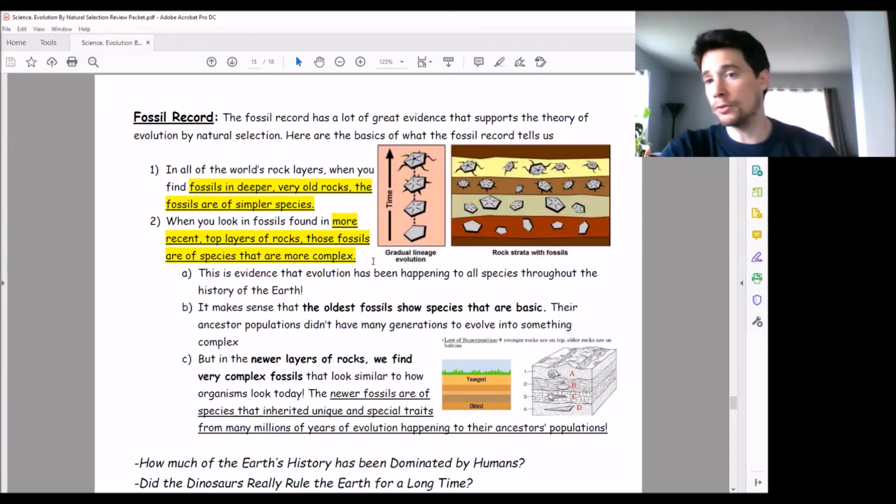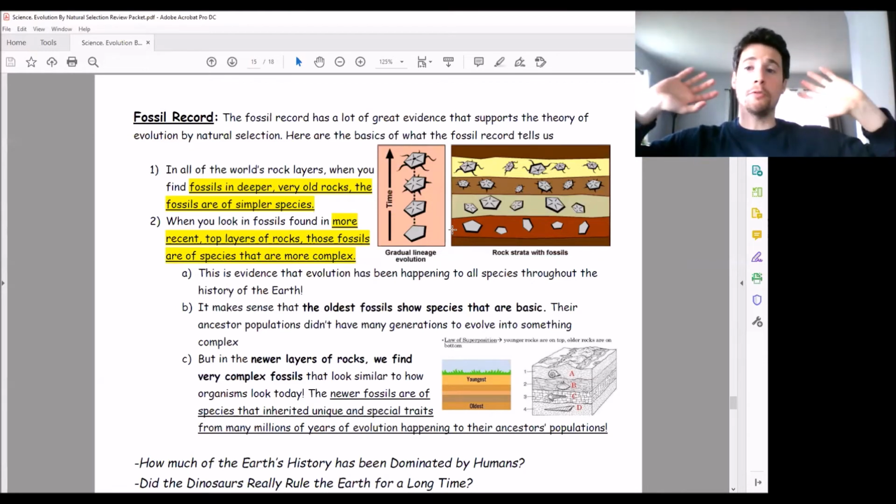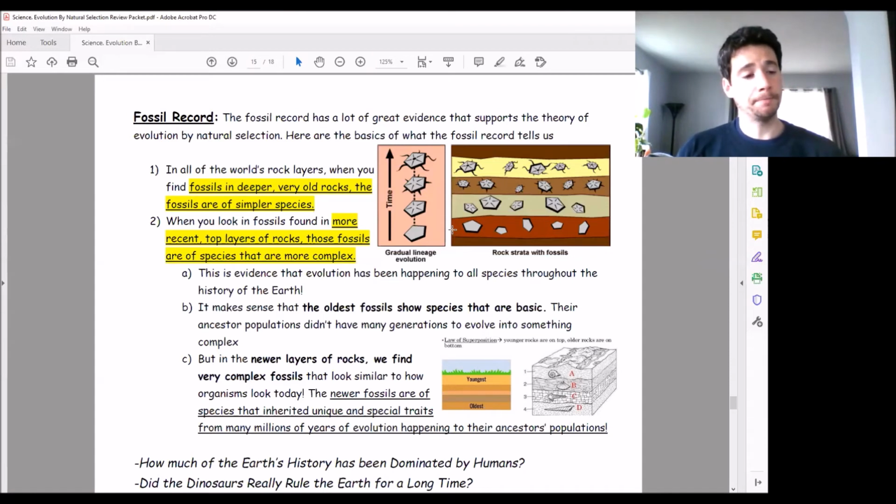And we find this all over the earth. And so that's evidence that evolution is a thing, that it's been happening to the earth, and it's been happening to life on earth over many millions of years.